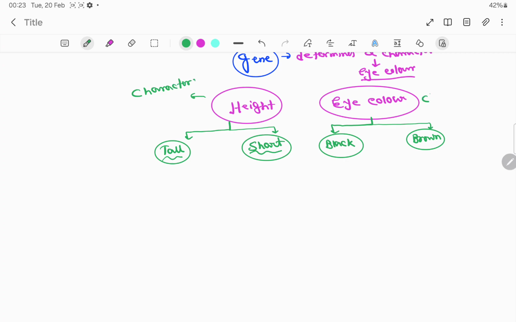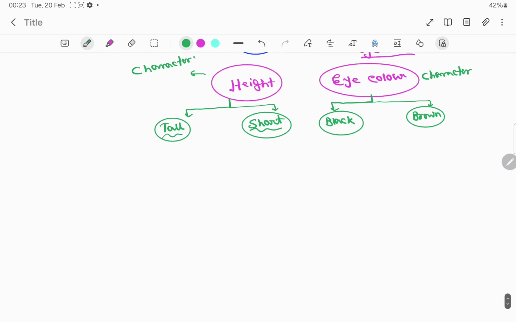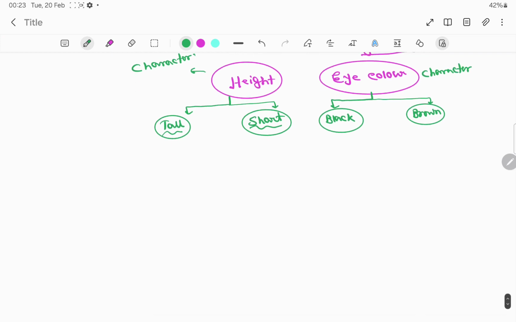Now height is the character, eye color is the character. Clear? Now the alternate forms of the character are called traits. Clear? The alternate forms of a character are called traits. So tall is a trait. Short is also a trait.